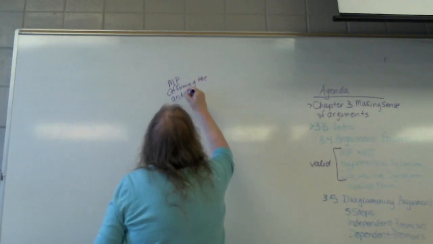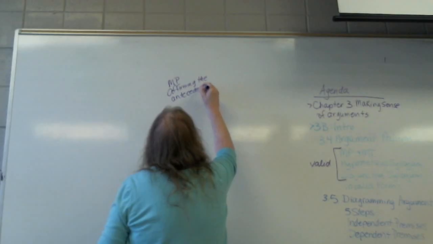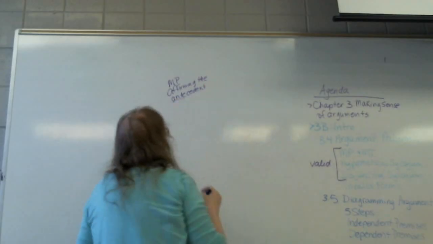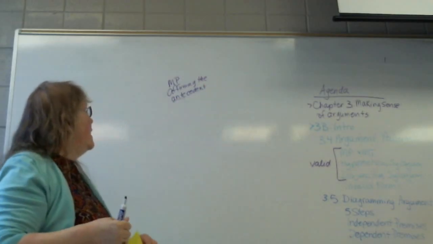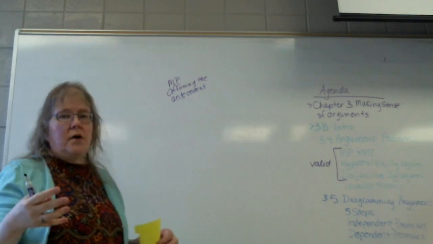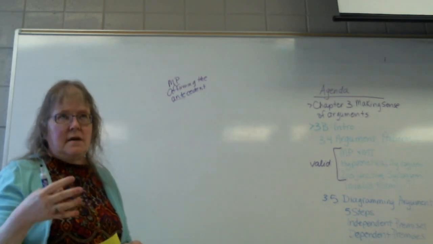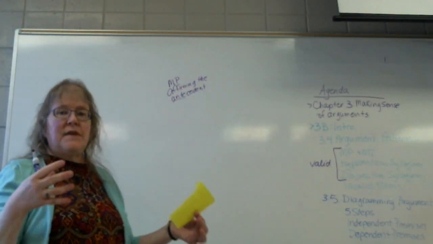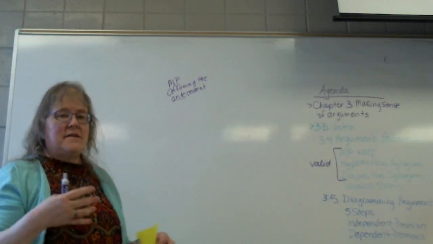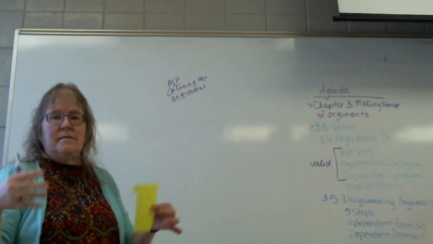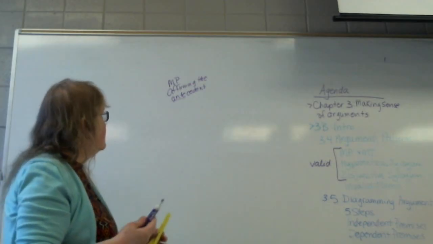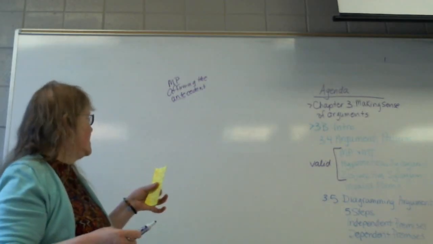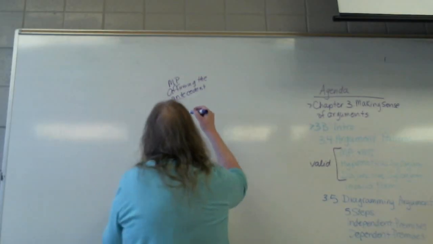An antecedent is the first, that's why it has ante, before. It's the first part of a conditional statement. A conditional statement begins with if, has a clause, and then says then. So that's affirming the antecedent, and we're going to get to that in a minute.